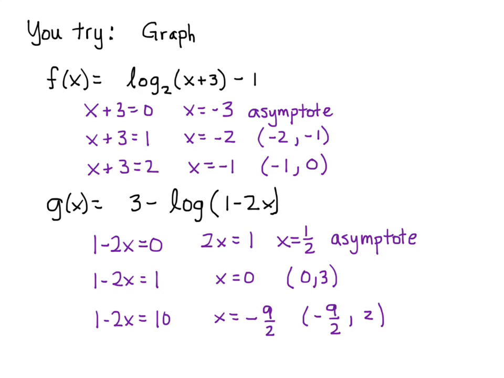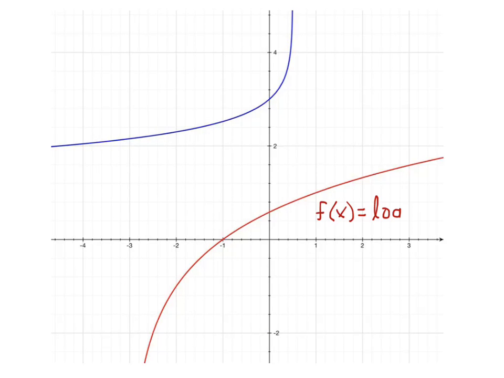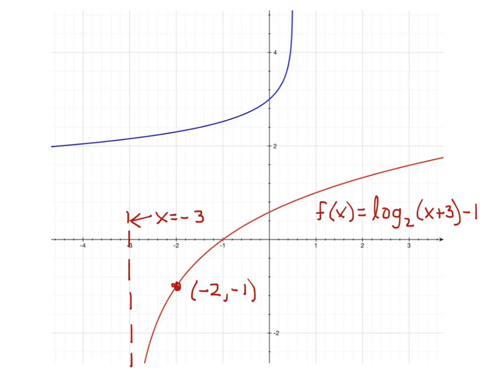Actually, I had an app do the graph. Here's the first one. The asymptote was -3, and we had a point of -2, 1, and we had -1, 0 right there. So then we can draw the line through it, and we get the curve.